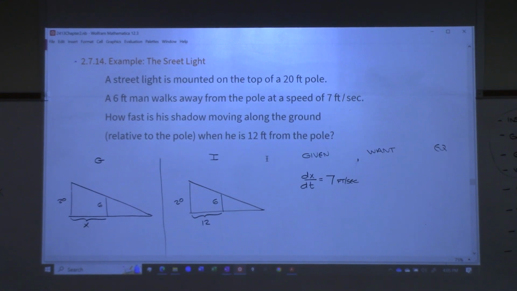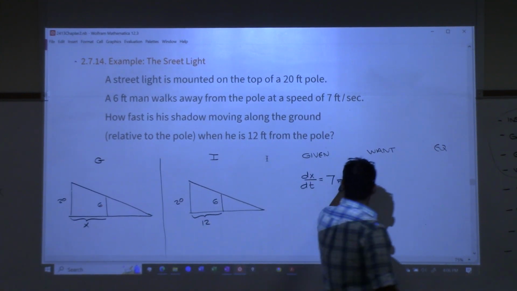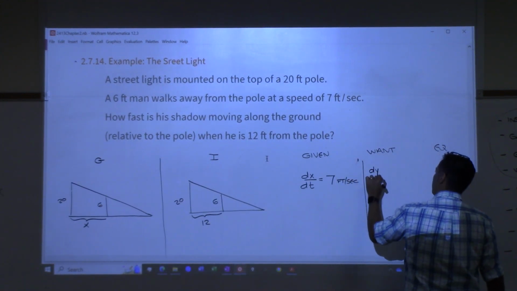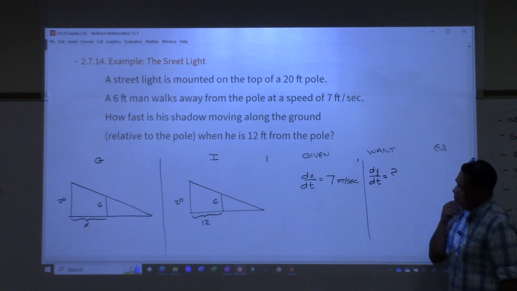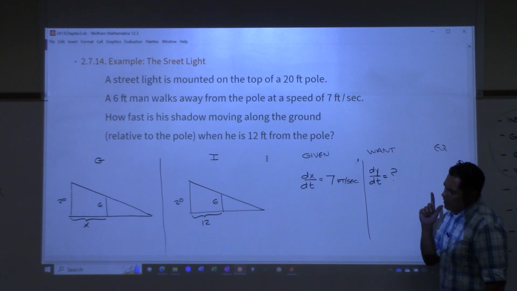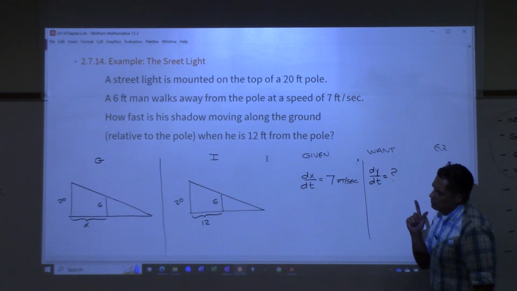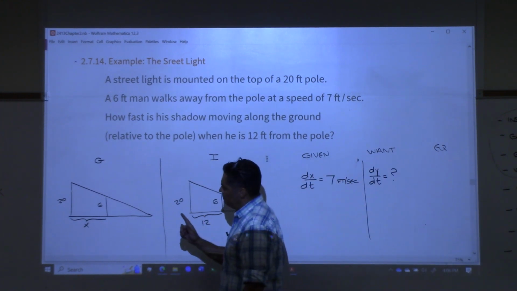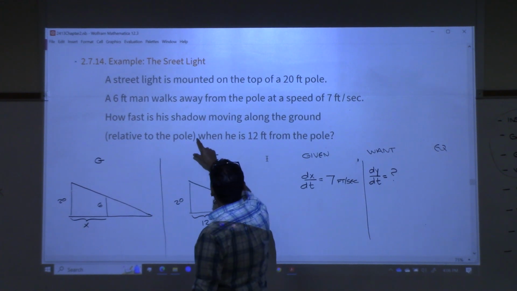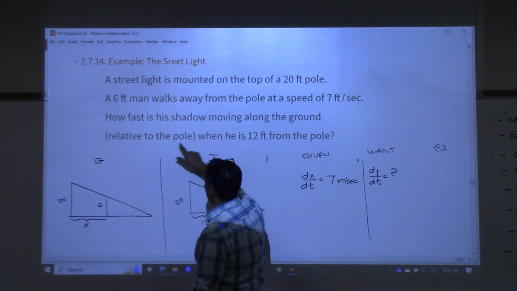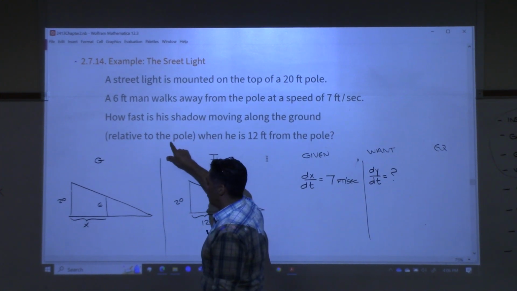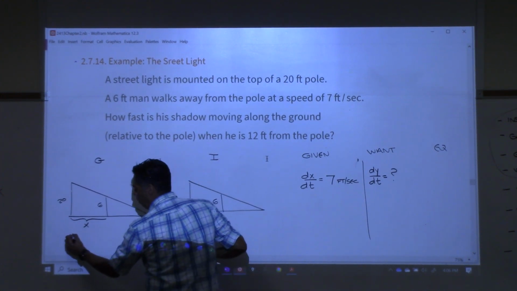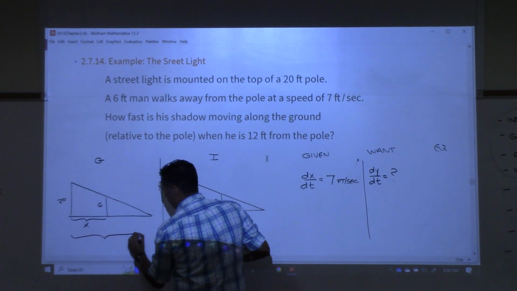What do we want? dy/dt, okay. And have you labeled that? Because you need to label that on your graph. What is that on the graph? From where to where? How fast is the shadow moving along the ground relative to the pole? Which means that we are measuring the distance from the pole to the shadow.